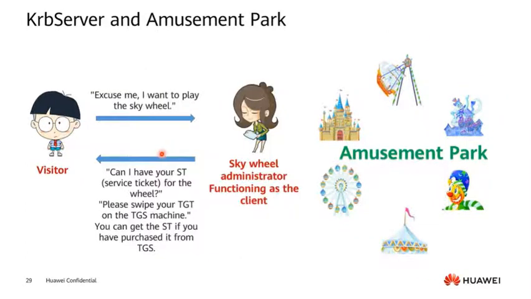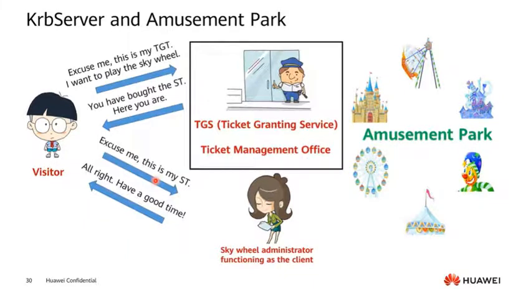However, it is not enough for entering a service like the Sky Wheel, because the administrator requires a service ticket, or ST in short. Therefore, the visitor needs to update to the ST by swapping the TGT on the TGS here. The visitor can obtain the ST if he or she has been granted the access permission. If not, the ST cannot be obtained. Only after obtaining the ST could the visitor enter the Sky Wheel. For other programs, repeat the previous operations or use SSO instead for convenience.